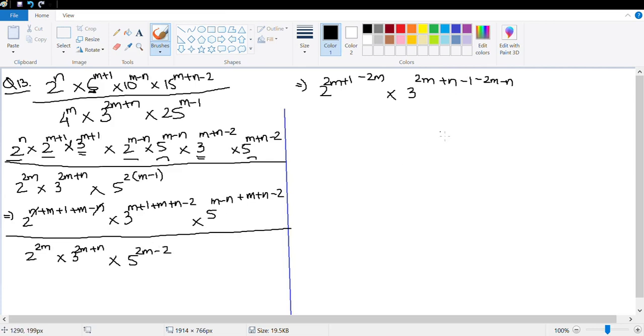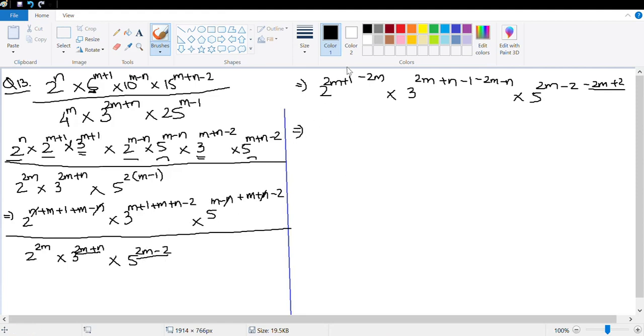Why is this minus 2m minus n? Because the power in the denominator is 2m plus n, so it will get subtracted. Multiplied with 5. So n and n gets cancelled, so that's 2m minus 2 minus 2m plus 2. Why this negative 2m plus 2? Because this is 2m minus 2. When I subtract it, it becomes negative 2m plus 2.